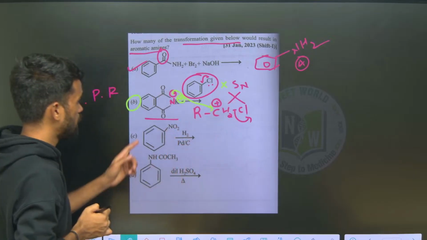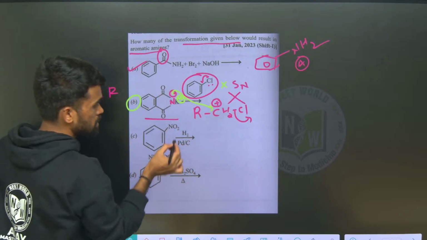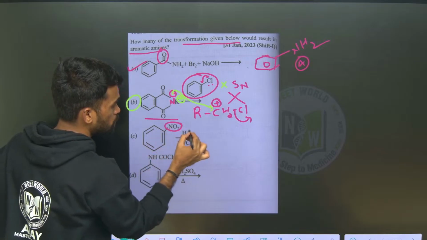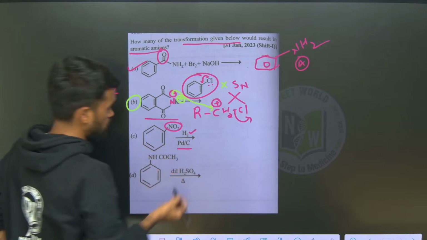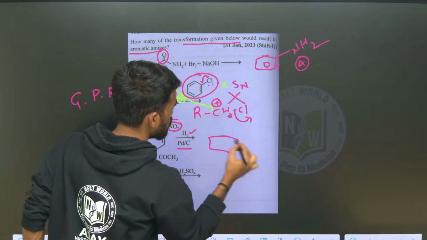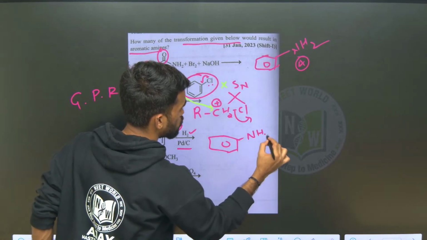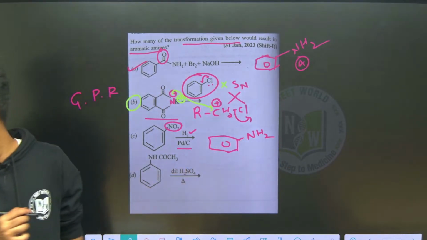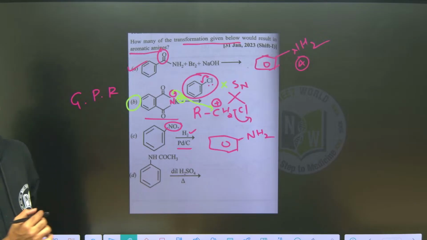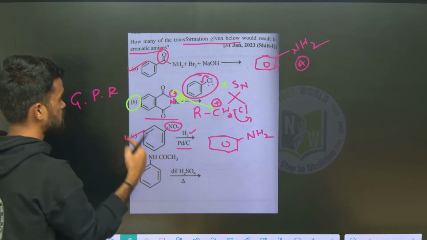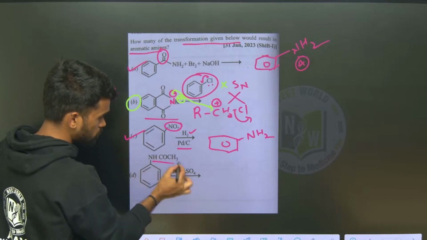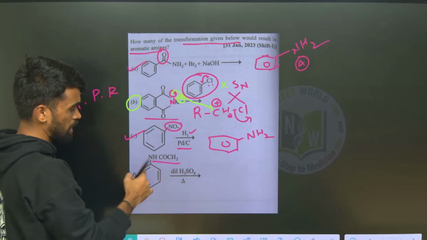Okay, next, what about option number C? See, reduction of this NO2 group with hydrogen and palladium on charcoal will give you aniline, the NH2 reduced product. Nitro group converts into NH2 group. Okay, this is correct. Next, this is also possible. A, C are possible, and we have this CO, like acetanilide.